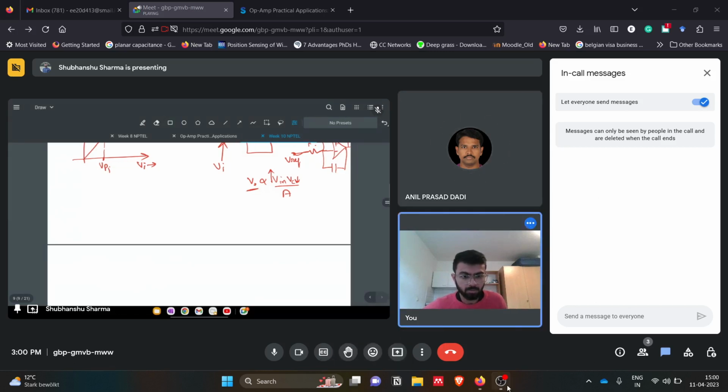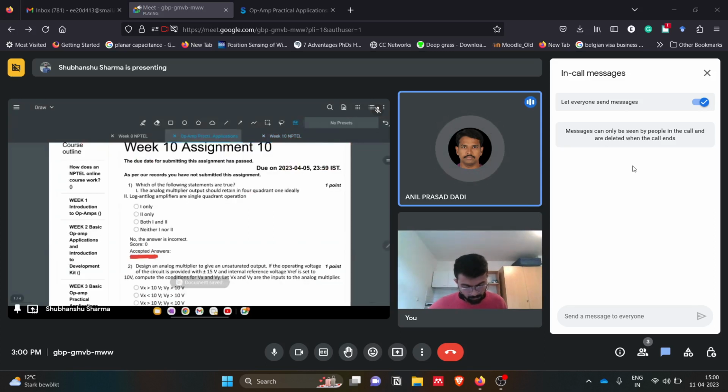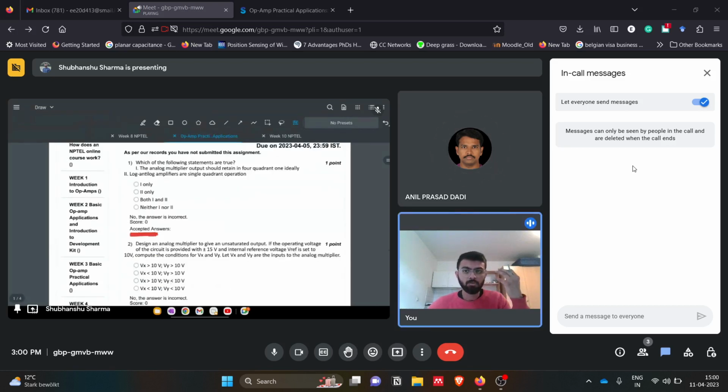Sir, in assignment 10, first question: the analog multiplier output should retain in four quadrant ideally. So that means an analog multiplier can be in any of the quadrants, no, sir? It need not be in fourth quadrant? No, no. Actually, four quadrant is the optimum, the requirement from an analog multiplier.